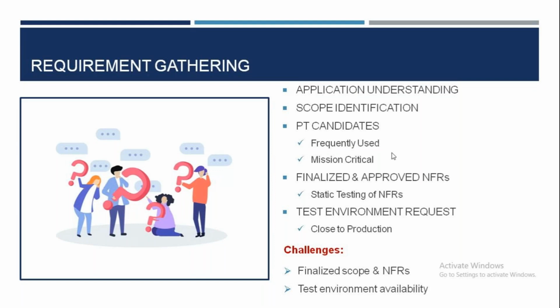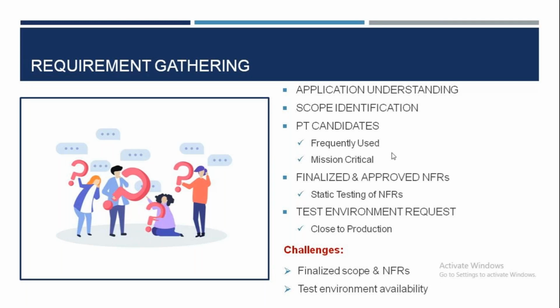Now the question will be, should I wait until I get that? No, you should not wait, because the project should go on, the activities should not be delayed. So along with that, you still keep on having the discussions. From those discussions also you will be able to come up with what they are expecting, right?